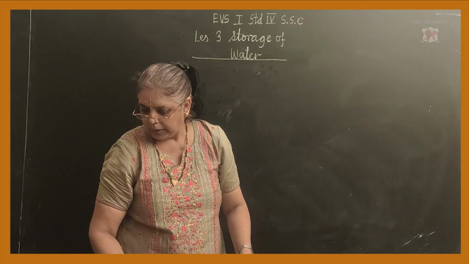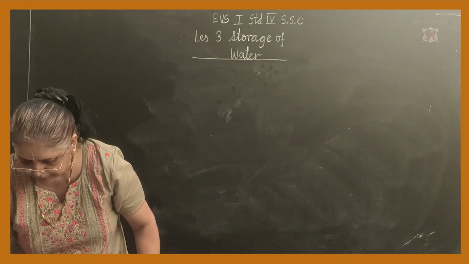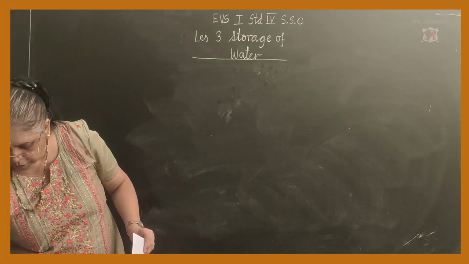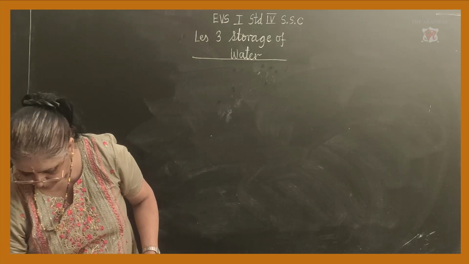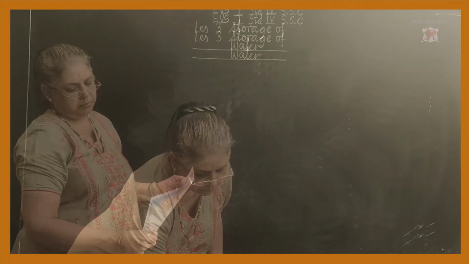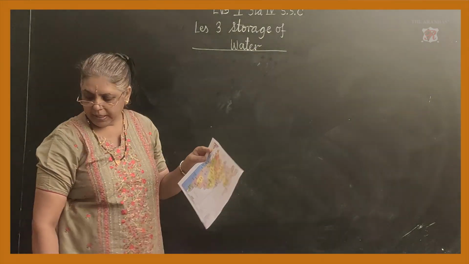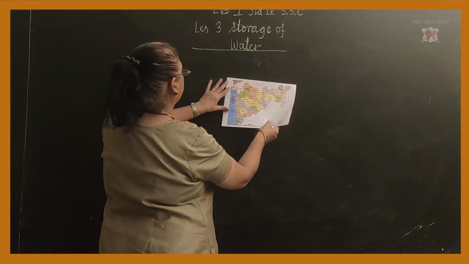Now, in Maharashtra, we have many dams. Which are the dams? It is there in your textbook, on page number 18. Maharashtra has several large dams such as Jayakwadi. Jayakwadi is in Aurangabad district.